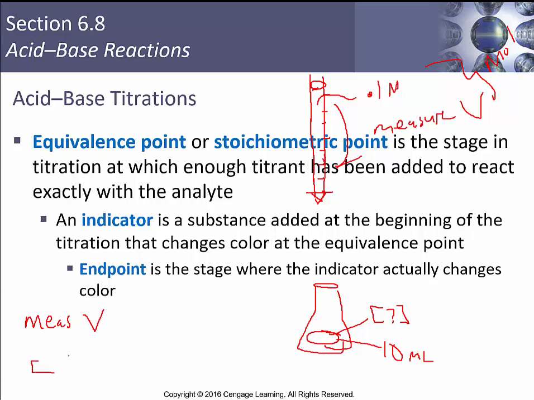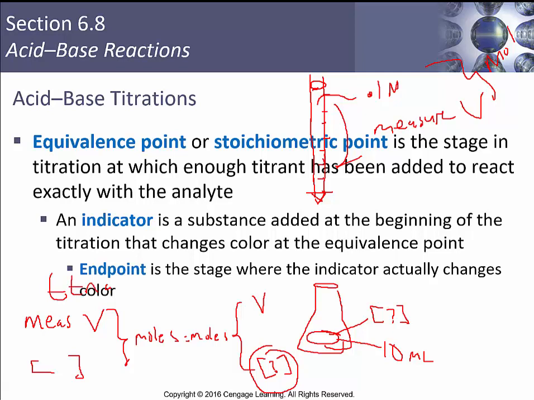And then that number of moles is going to be equal to the moles of your titrate, right? And you're going to have some sort of volume and then some sort of concentration. And usually you're trying to find this guy out. You're missing concentration. Right, so you got a titrant and a titrate.